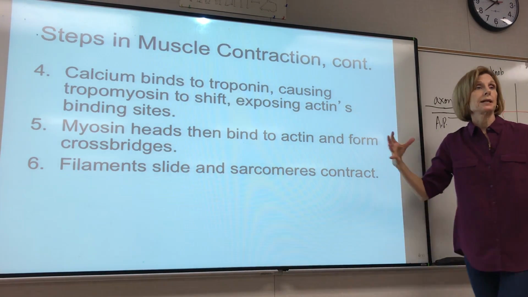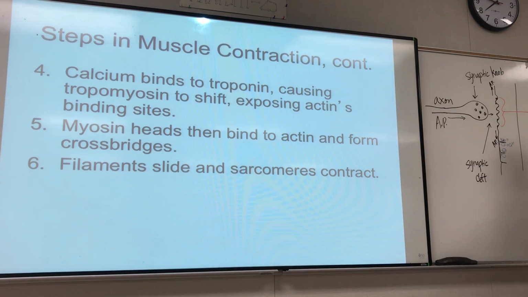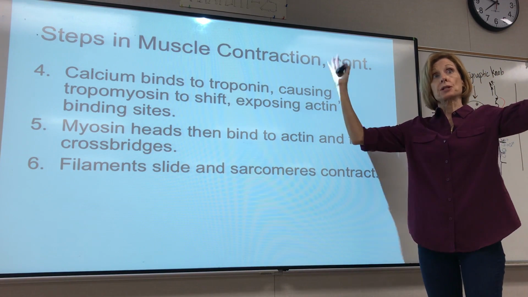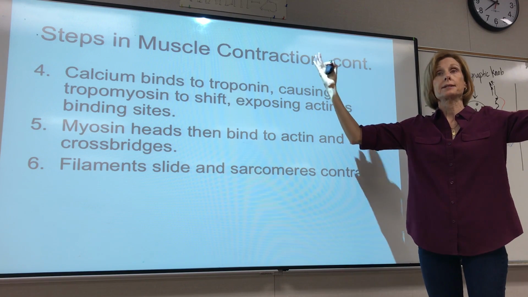When these binding sites are exposed and they're just kind of hanging out there, what is going to bind to them? What binds to actin? Myosin, right? Myosin on the thick filament.